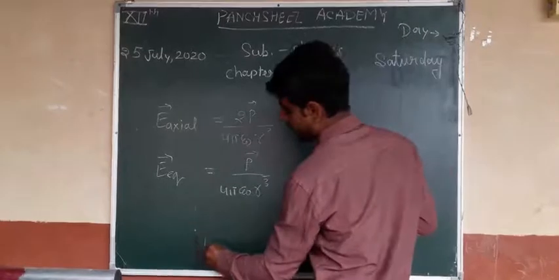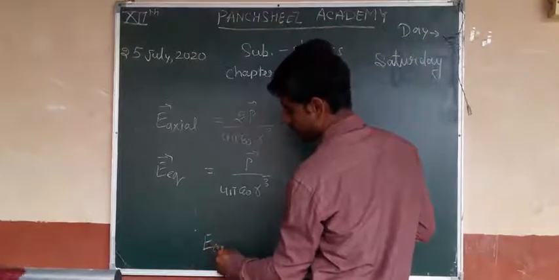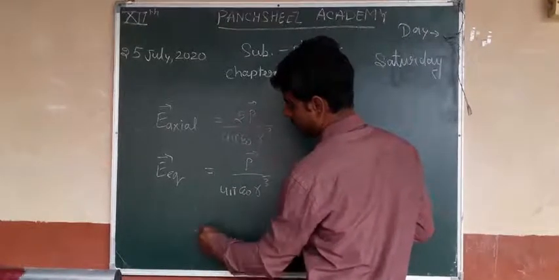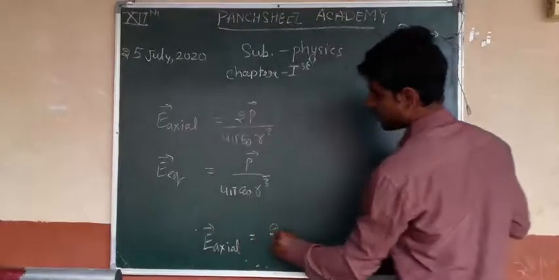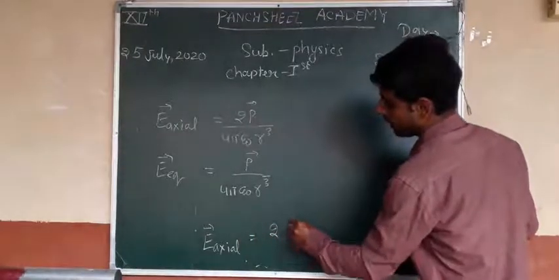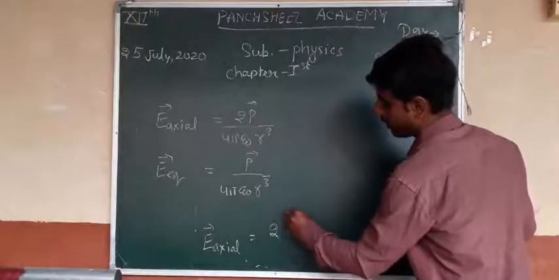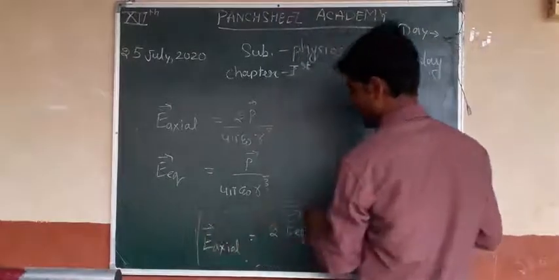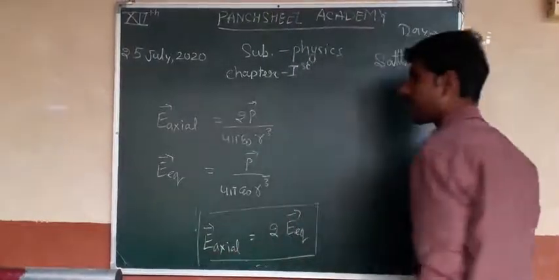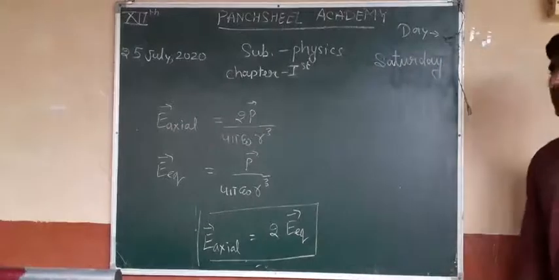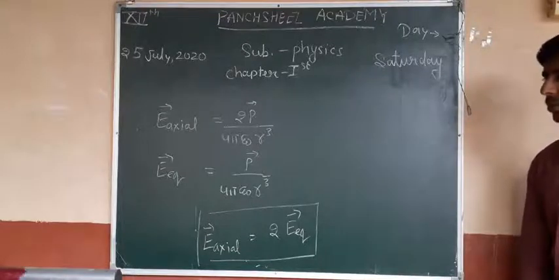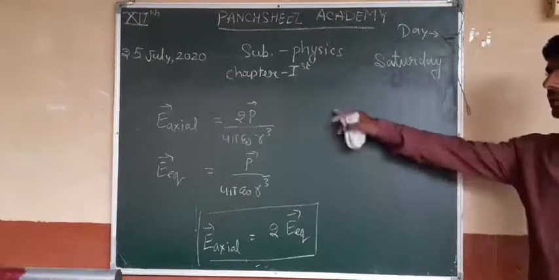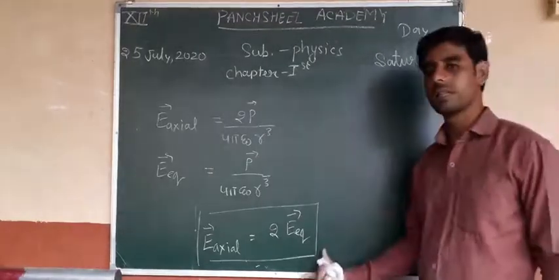So E axial equals 2 E equatorial. This relation is very important. This is all about the electric field due to a dipole at axial and equatorial position.